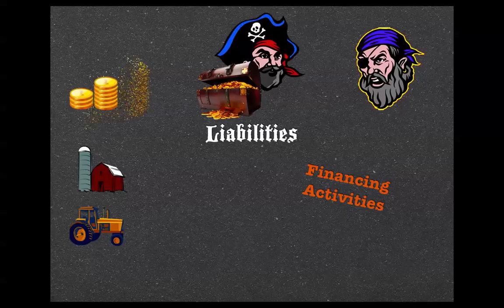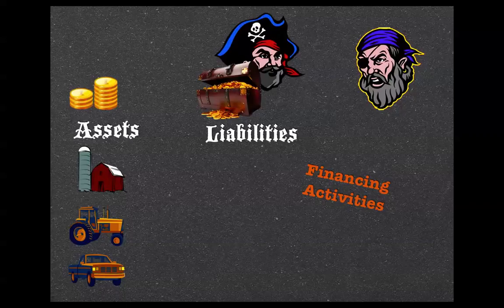And you cannot be a farmer without having a truck. So we have used the money that we obtained through our financing activities to acquire some assets. We have used the money to invest in assets that we need in order to run our business. We call these investing activities.